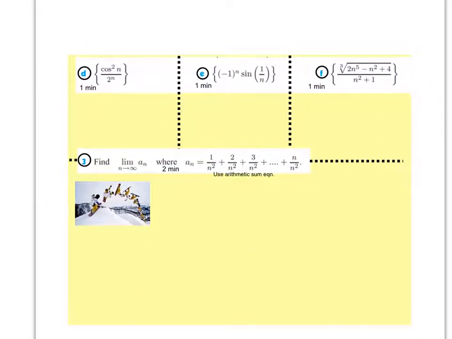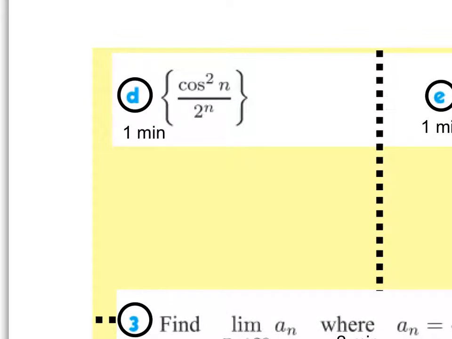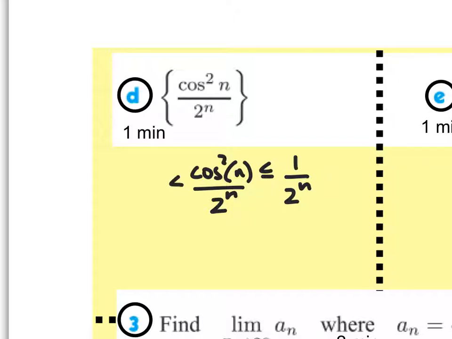All right, let's see here. Let's start with a quick one here. I'm going to use the squeeze theorem on this one. I believe that cosine squared n over 2 to the n would be less than or equal to 1 over 2 to the n. And if I'm squaring cosine, that would bring all my values positive, so that'd be greater than or equal to 0.